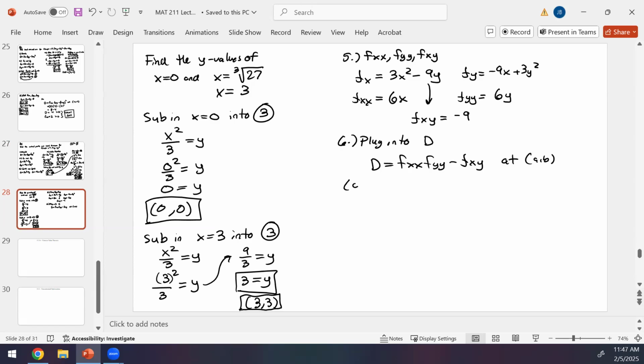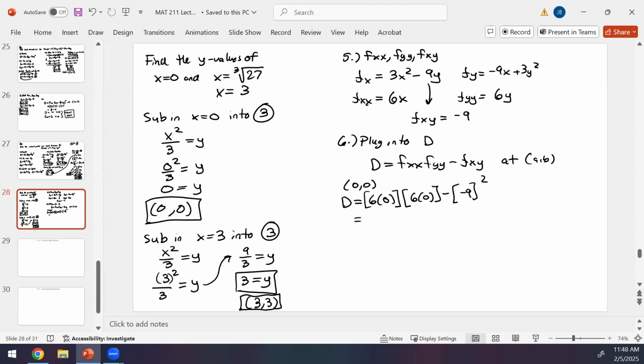So for 0, 0, we're going to get D is equal to 6 times 0. I like to put square brackets to separate them. And then 6 times 0 for y minus negative 9 squared. And again, parentheses here are important, especially for that minus 9, right?